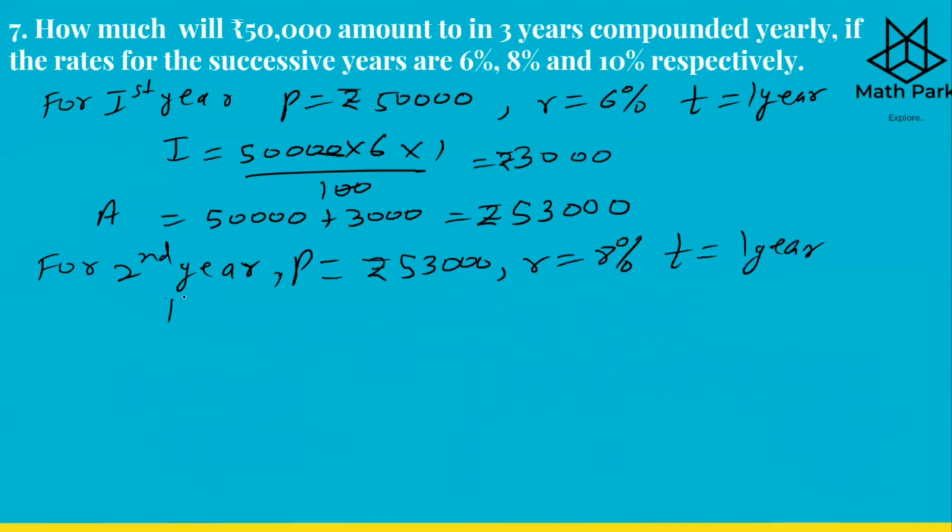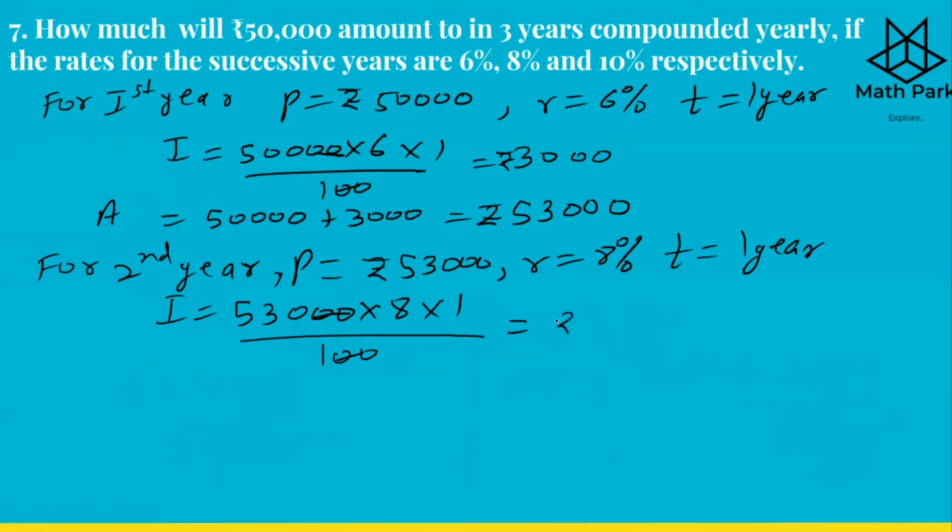Okay. So interest is equal to 53,000 into 8 into 1 upon 100. So multiply 530 by 8. You get 8 3s are 24. Carry 2. And then 8 5s are 40 plus 2, 42.